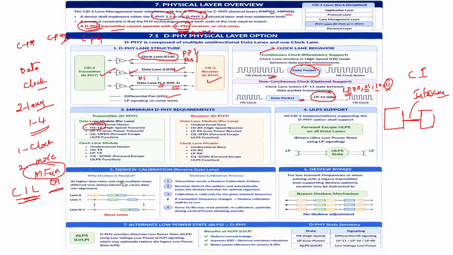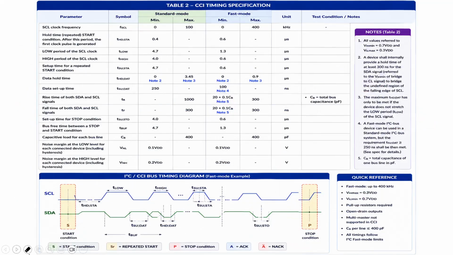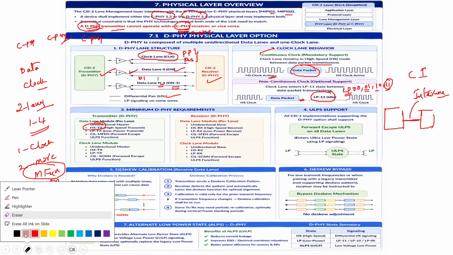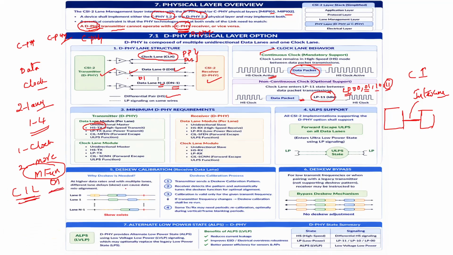And then D-skew calibration. What is the use of D-skew calibration? CSI is used to transmit high speed data from the transmitter side to the receiver side. At that time, not all lanes transmit at the same time. Lane 1 starts first, after that lane 2, and also lane N minus 1.